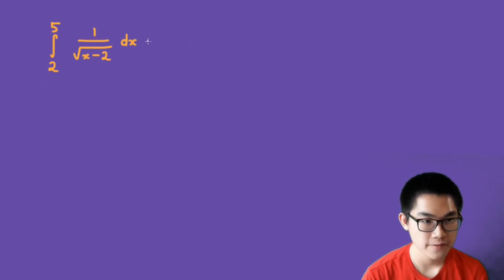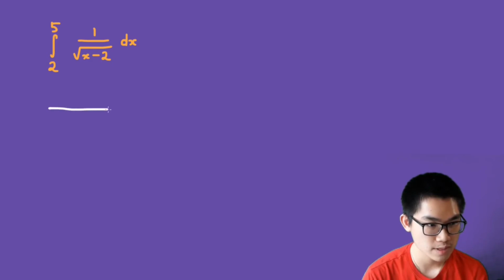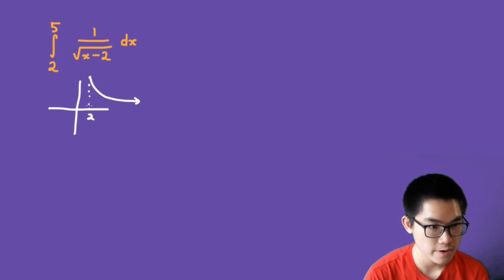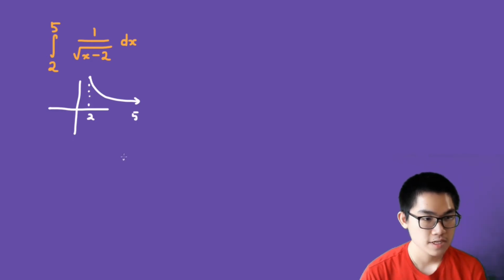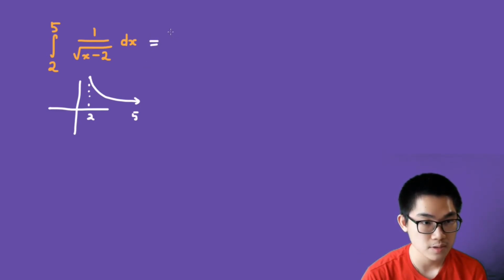So the graph of this function will look like this, where this value is 2, there is an asymptote here, and this is a 5. So the way we solve this is exactly the same as the way we've done it before, which is to use a limit. So the limit as t approaches 2 from the right side, okay?